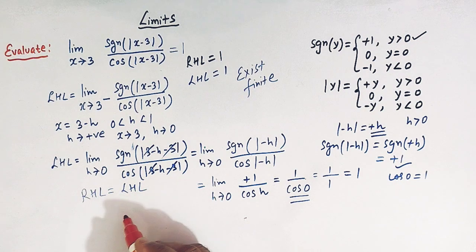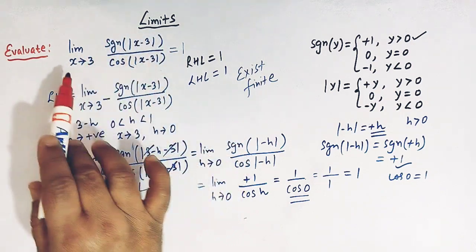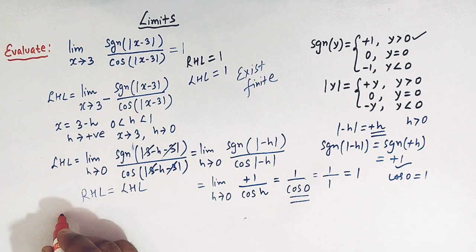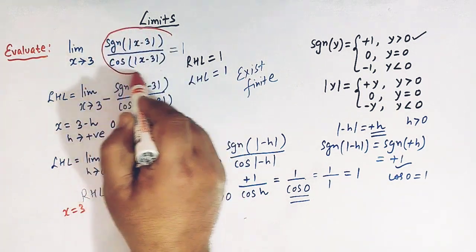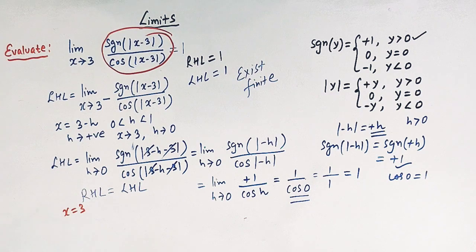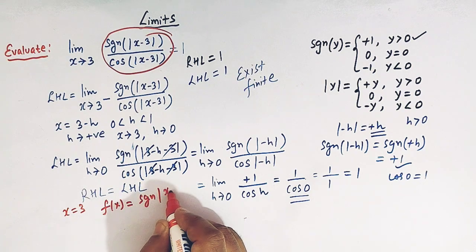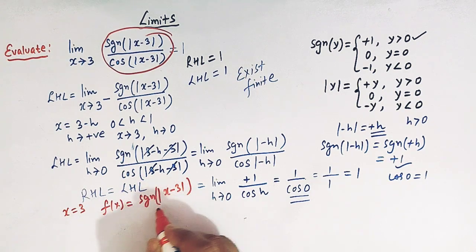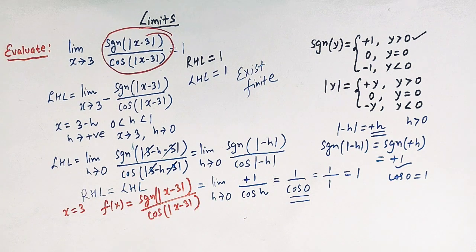So here it is important to find out the value of this function at x is equal to 3, right? So let us see what is the value of this function when x is equal to 3. So now if we take f of x is equal to signum of mod of x minus 3 divided by cosine of mod of x minus 3, right?